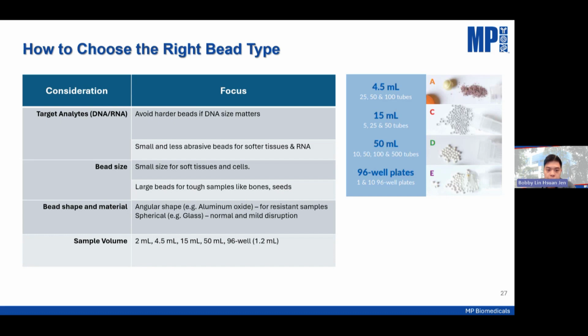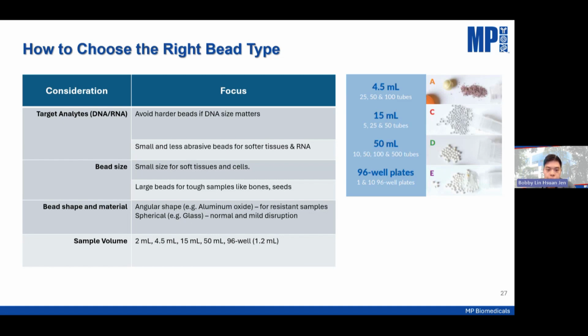The second consideration is the bead size. Smaller beads tend to be better for soft tissues and cells, and larger beads are mainly for tougher samples, like what I've just mentioned: the bones, the plants, the yeast, or the teeth, the forensic samples. Next would be the bead shape and material.